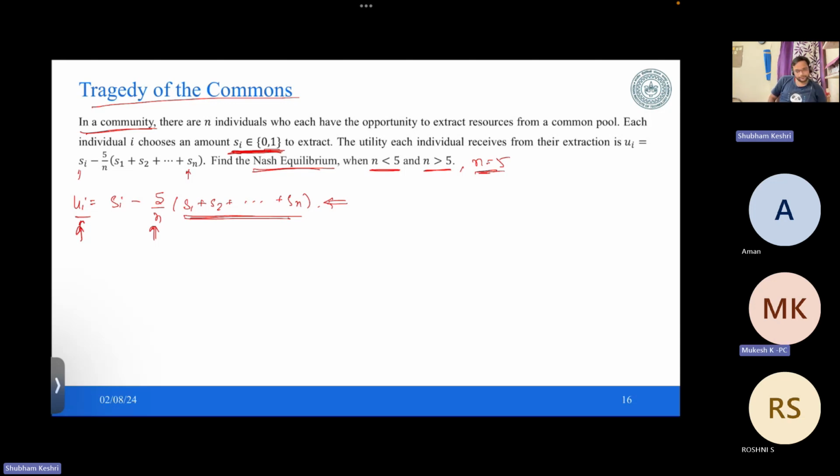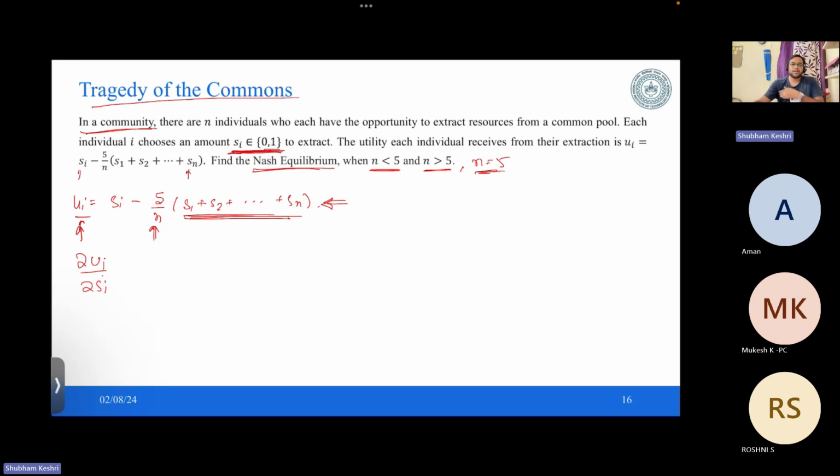If you were to differentiate with respect to s_i, you see, this u_i is a function of all of s1, s2, s3, ..., sn. So when you differentiate, you will partially differentiate this with respect to s_i.